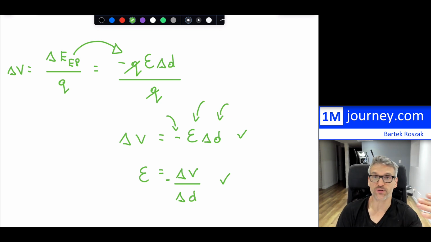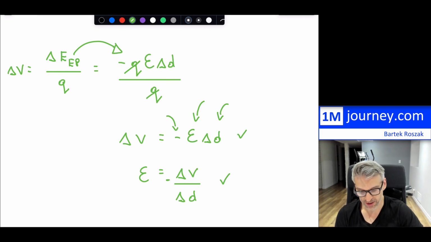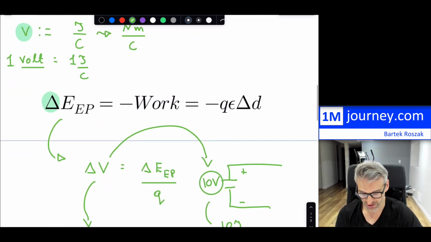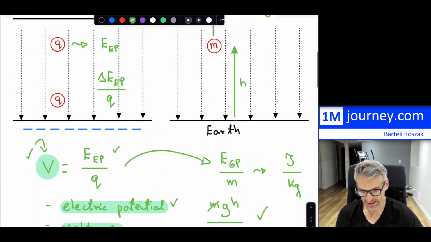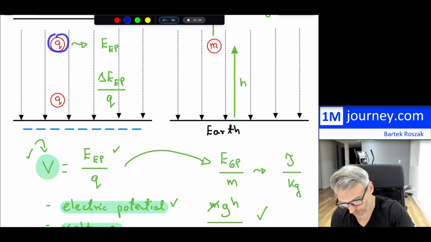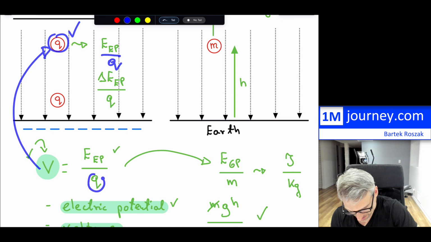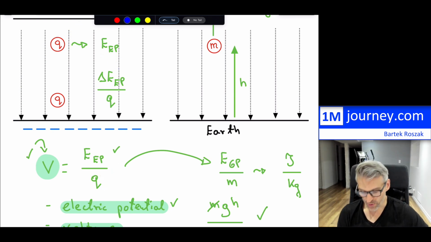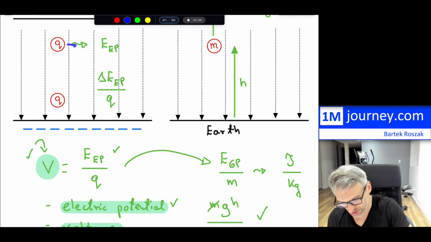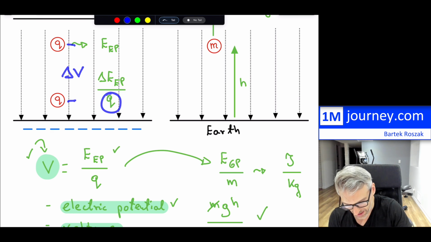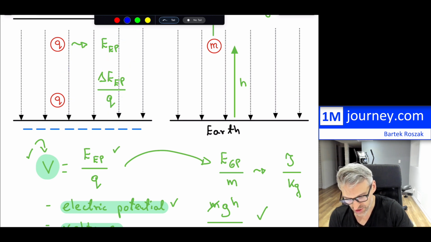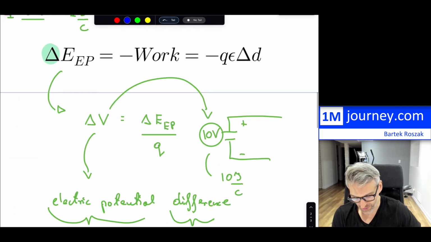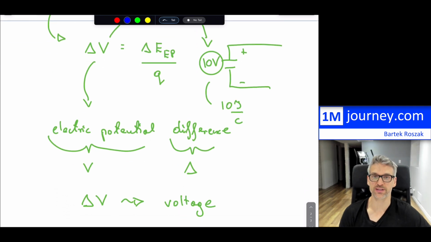So we have defined a few things here. We have defined what voltage is, which is the electric potential, going back to here. This happens at a particular point. So how much potential does it have per charge? That is voltage. We have also defined the difference between two points. This is delta V. If you divide the difference in electric potential energy by charge, that would be your difference in voltage, or the electric potential difference.